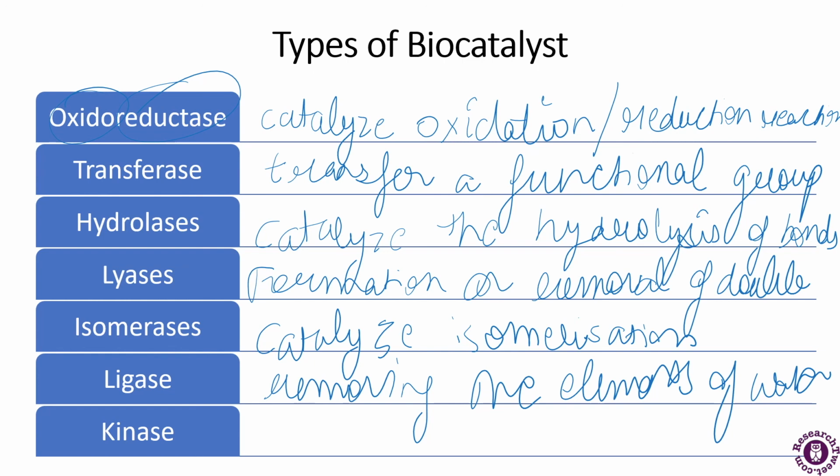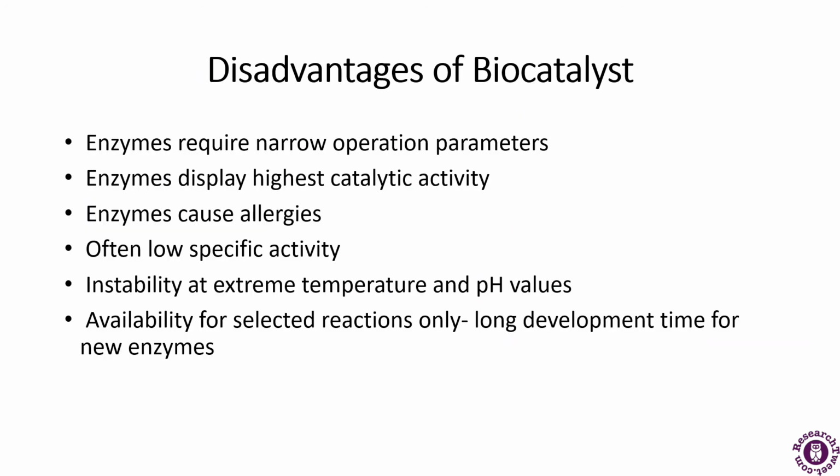So these are some of the types of biocatalysts. I have given examples of each biocatalyst and told you what is happening in that particular reaction. The next is about the disadvantages of biocatalysts. There are enzymes that require narrow operation parameters.